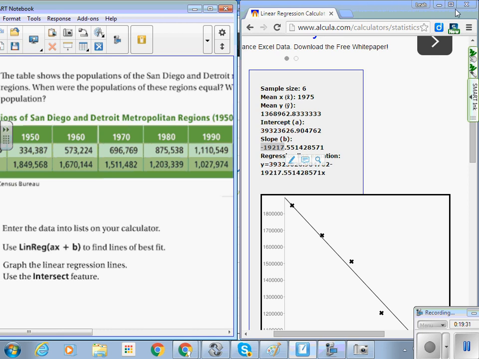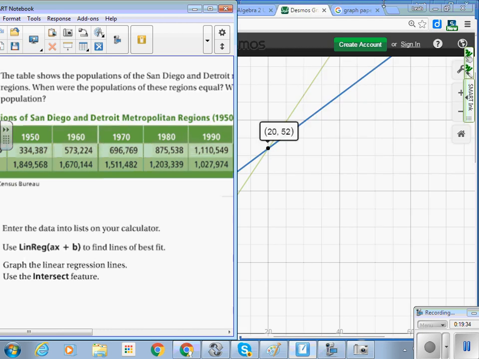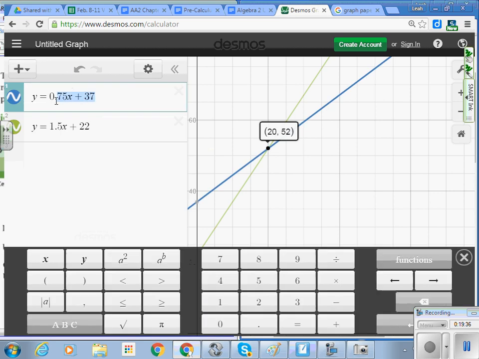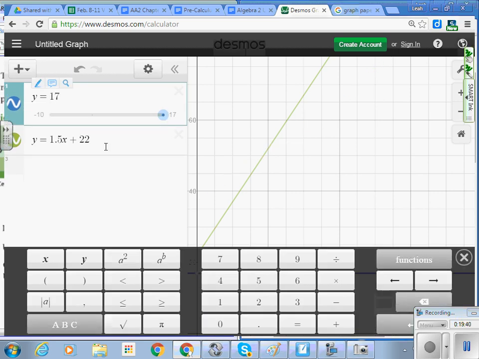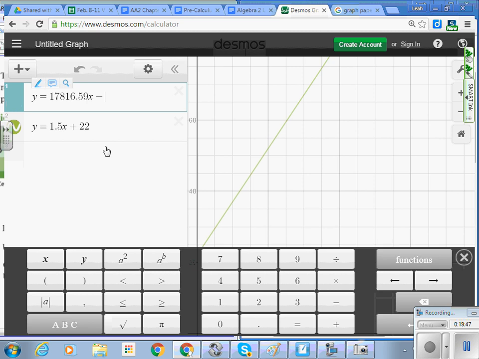All right, so the last thing we're going to do is graph these two functions on our Desmos. So we go to Desmos and we get 17,816.59x minus 34,385,468.2. Is there an easy way to calculate this on the calculator? You have to enter the data, really.